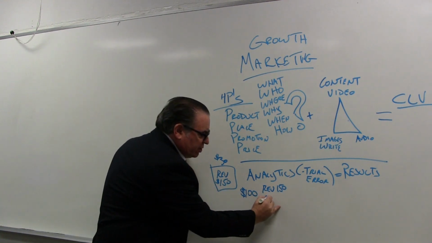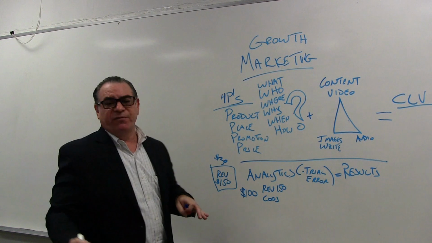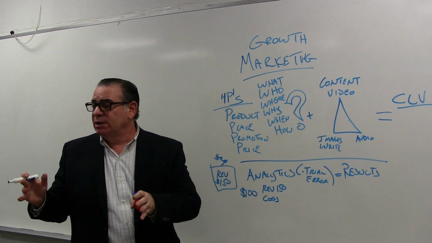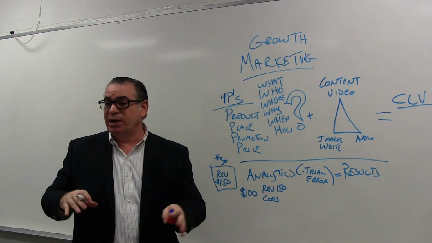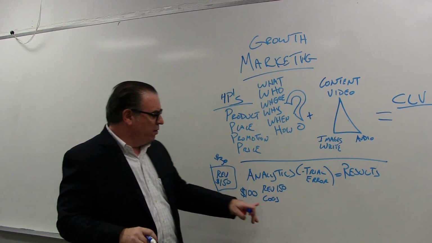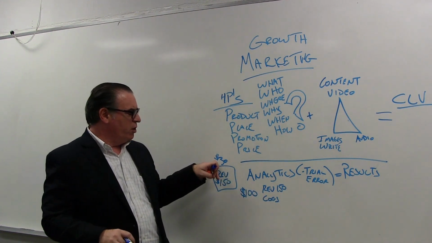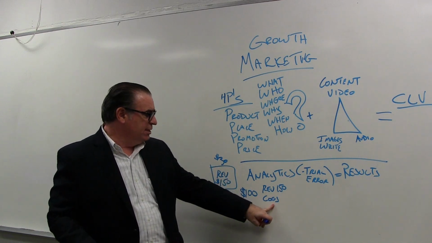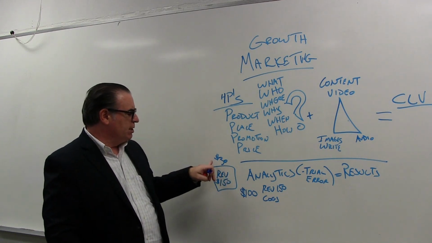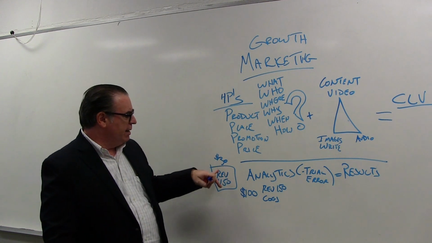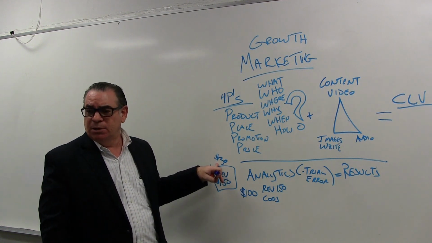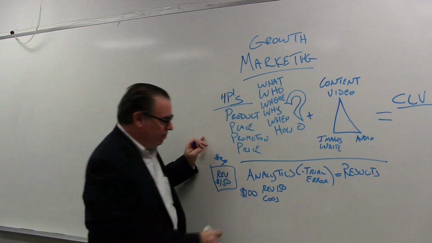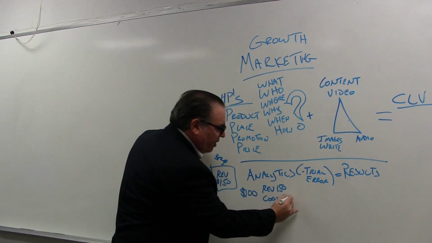Cost of goods sold normally is about 50%. If it's less than 50%, that's better. But let's assume it's 50%. If we're selling it for 30, our cost of goods sold is going to be $15. So 15 times the 5 we sold is how much? 75 bucks, right? So cost of goods sold, $75.